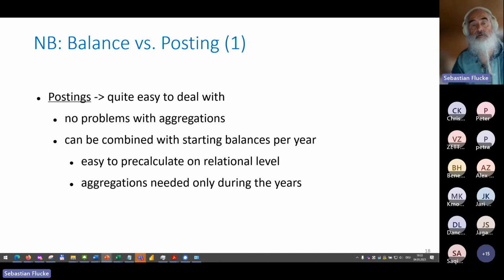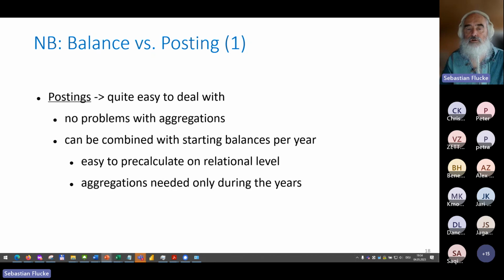Posting means on 1st of May we get 3 orders, and on 2nd of May we get another 5 orders. That means in summary for May, on 2nd of May we have 8 orders, and so on. We can aggregate that 3 and that 5 and all the other values using all the hierarchies we have.